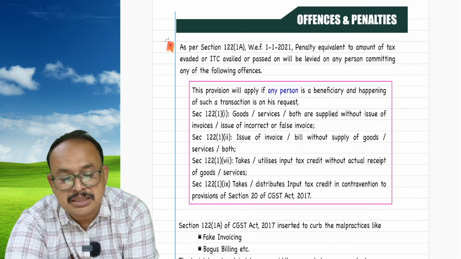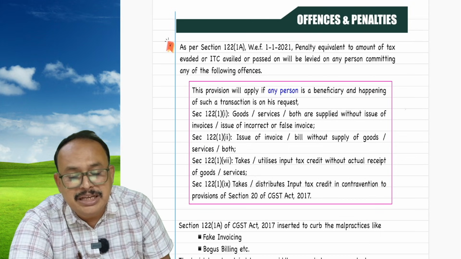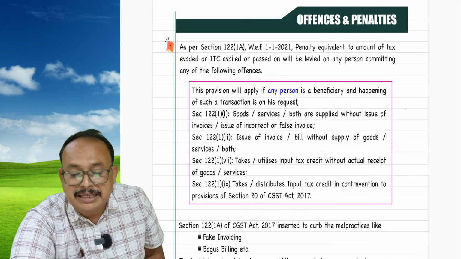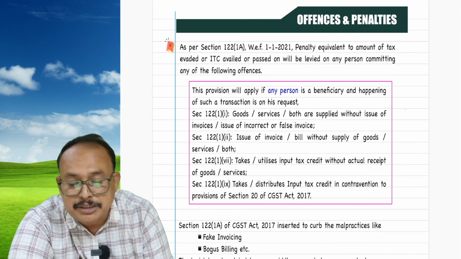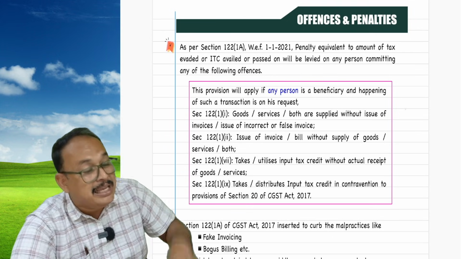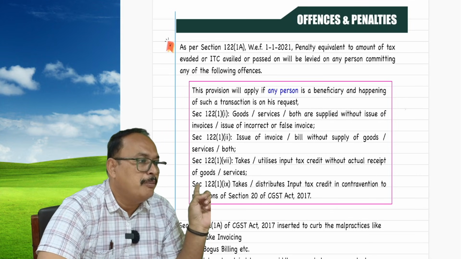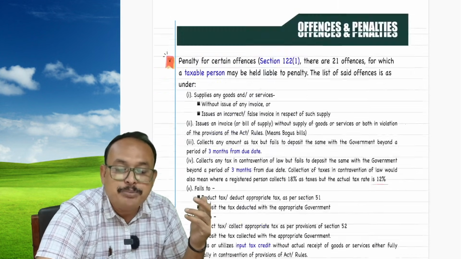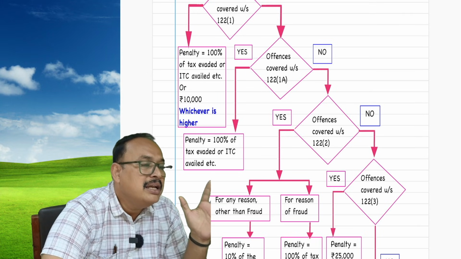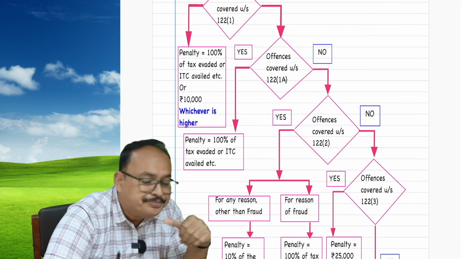Goods supplied without issue of invoices, or issuing false invoices, issuing invoices without supply of the goods, or taking or utilizing the input tax credit and thereby causing revenue losses, or taking or distributing the input tax credit by an input service distributor, where the taxpayer committed the offences upon the directions of a mastermind. On the mastermind, this penalty will be levied, which is nothing but 100% of the tax amount. Is that clear, my dear sir?